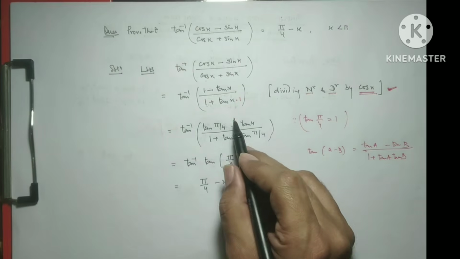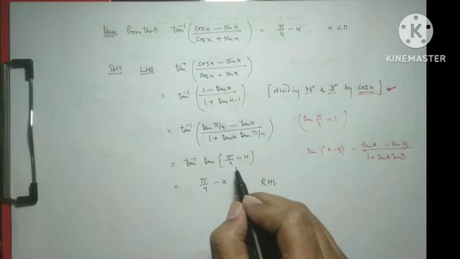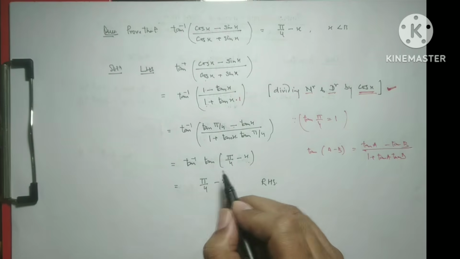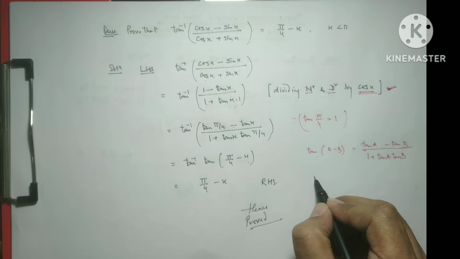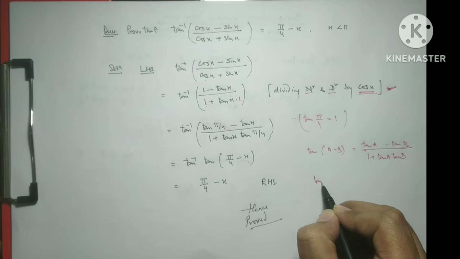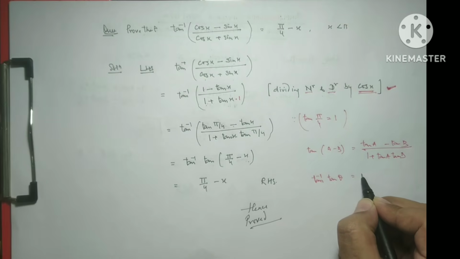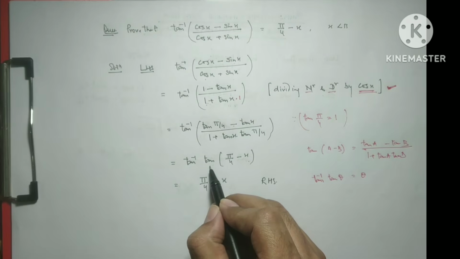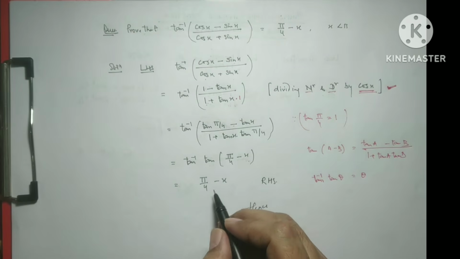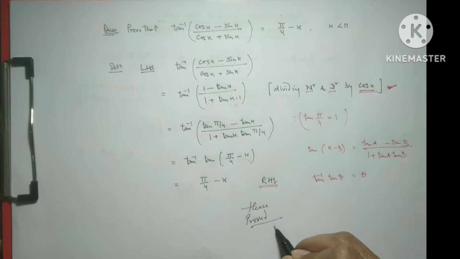So it is just like tan(a minus b), or you can say tan(pi by 4 minus x). Right now this is tan inverse of tan(pi by 4 minus x), and according to the inverse formula, tan inverse of tan theta is equivalent to theta only. That's why these will be neutralized and we get the answer pi by 4 minus x. This is the right hand side, hence proved.